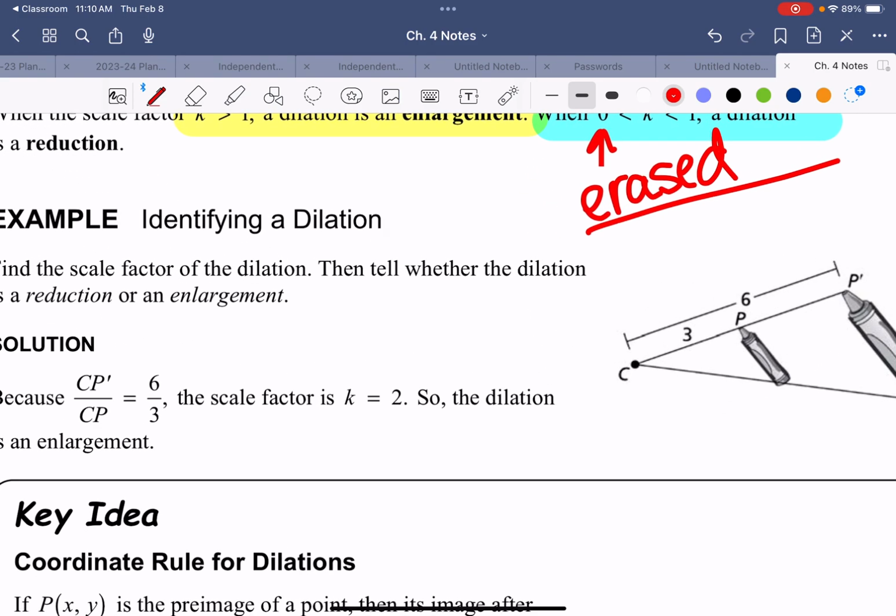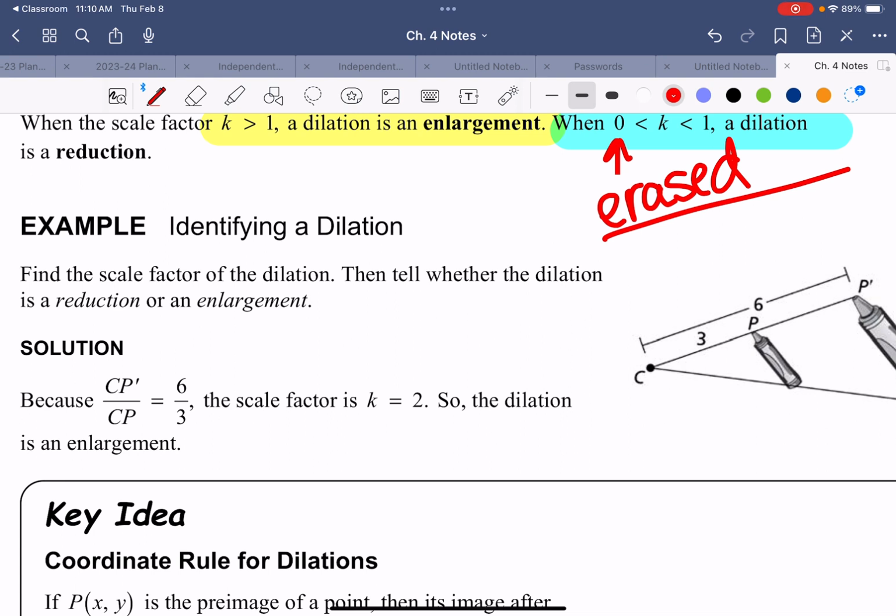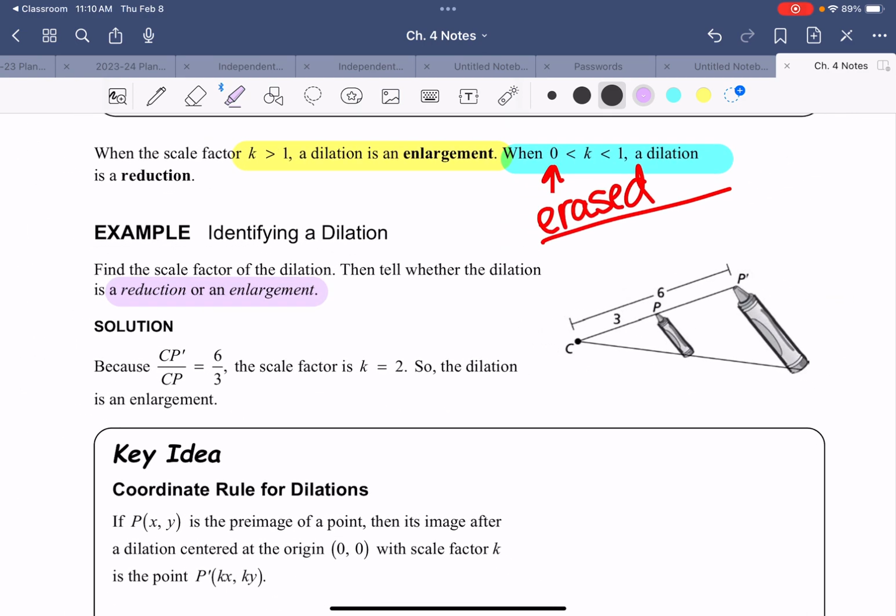So let's identify. In our example here, they're wanting to know, is it a reduction or is it an enlargement? How do you find that out? Well, first I'm going to go here and I see point C, and then I see here point P and P prime. So P is where we started, and we ended at P prime.